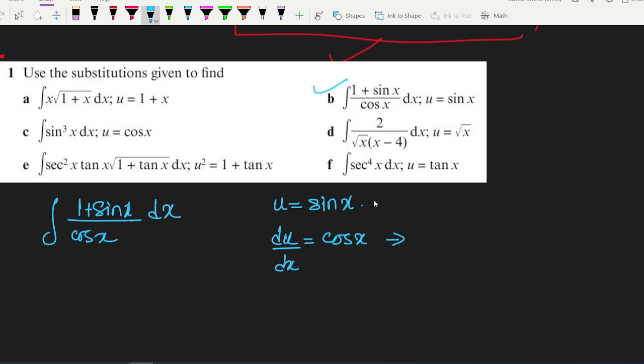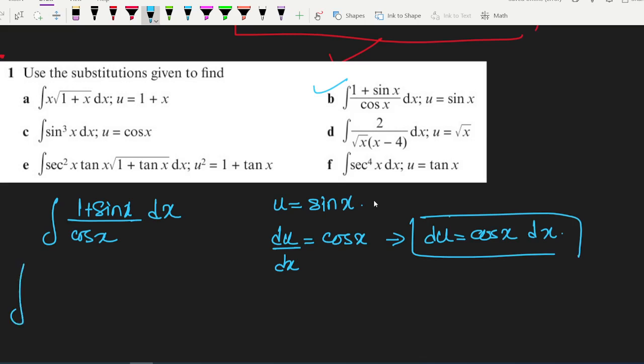So basically du equals cos x dx. That's the substitution that you have. Okay, now start plugging in the values. So we have integral 1 plus sine x becomes 1 plus u divided by cos x, and dx can be replaced by what?